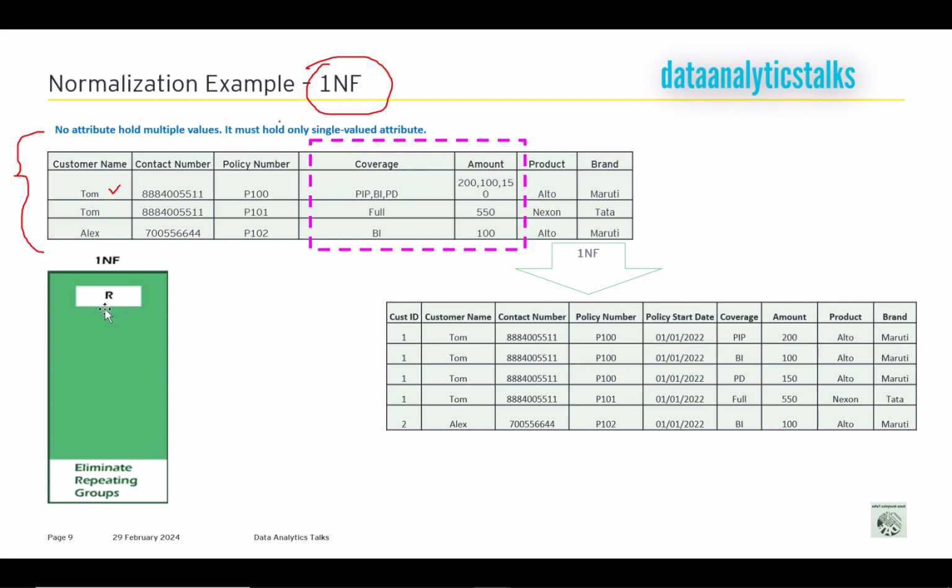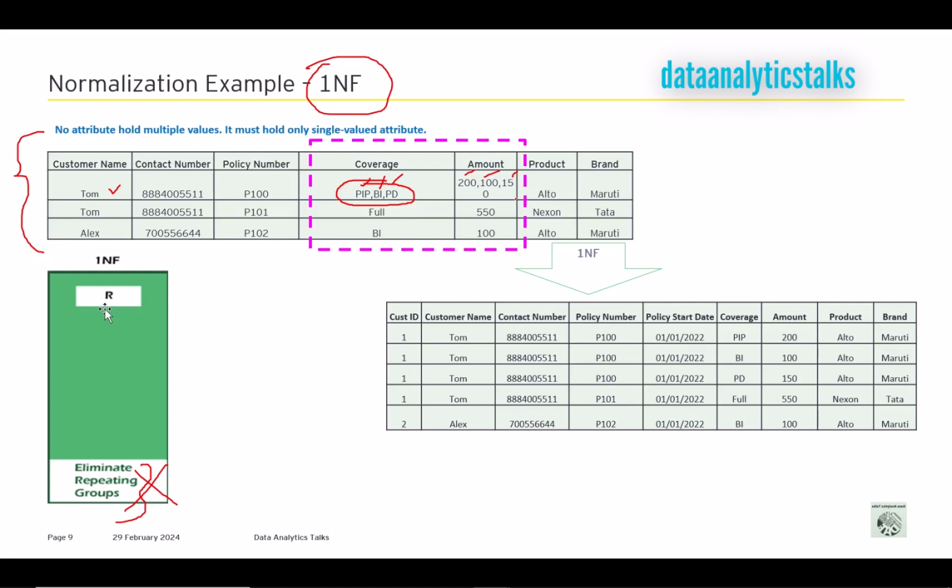We should eliminate repeating groups. So what are the repeating groups here? You can see the coverage column is repeating, because this is an option, this is an option, this is an option. Again, the amounts 200, 100 and 150 are repeated groups.